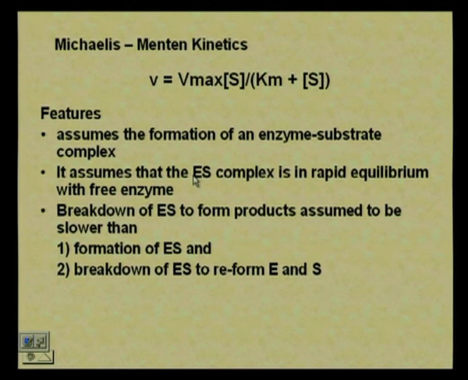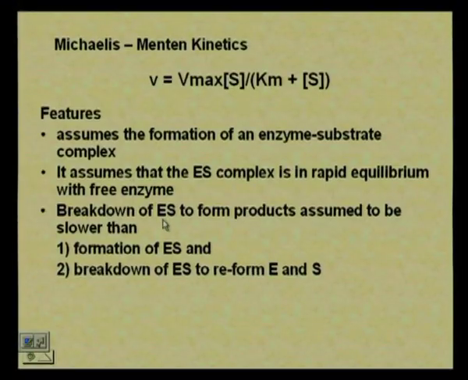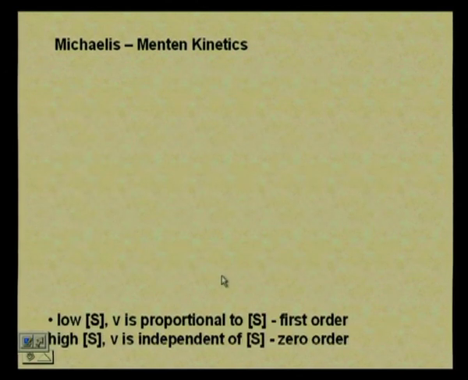There is a pre-equilibrium where the enzyme substrate complex is in equilibrium with the free enzyme. Then the breakdown of ES to products is slower than the formation of ES and the breakdown of ES to reform E and S. Okay? So, basically we are looking at a picture like this.